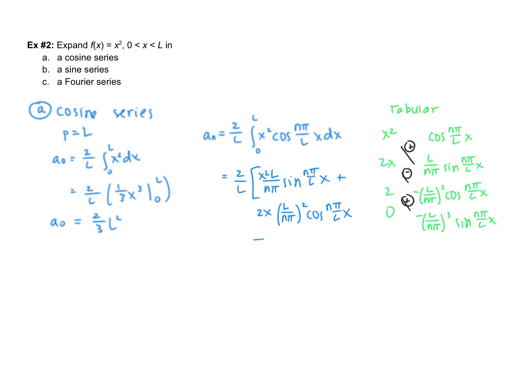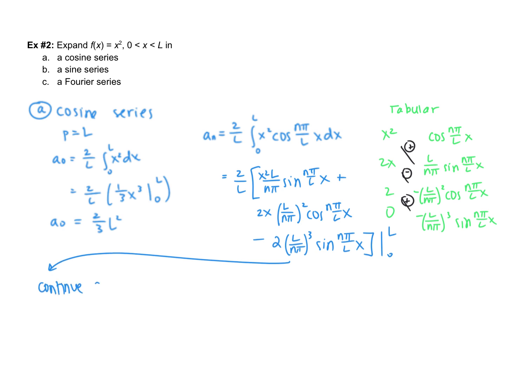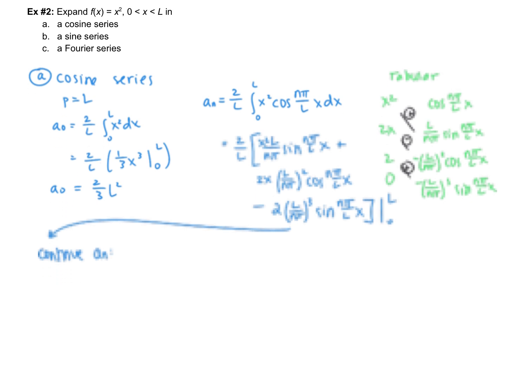And then we are subtracting 2 multiplied by L over n pi quantity cubed sine of n pi over L x. And all of that has to be evaluated from 0 to L. Okay, so let's keep going. I'm going to continue that here. And let's see what we get.